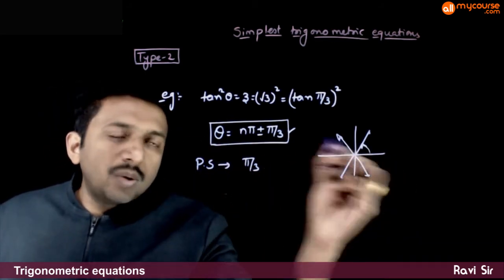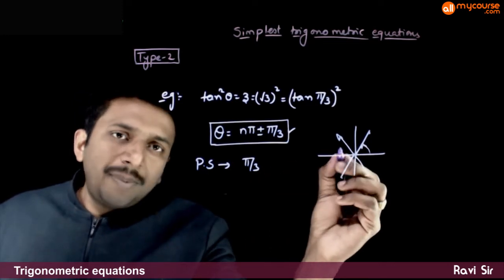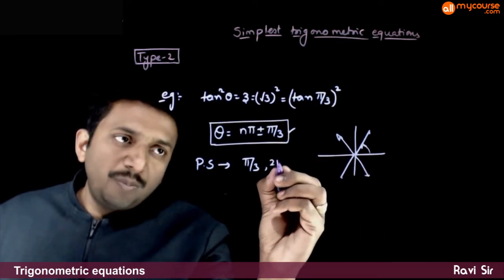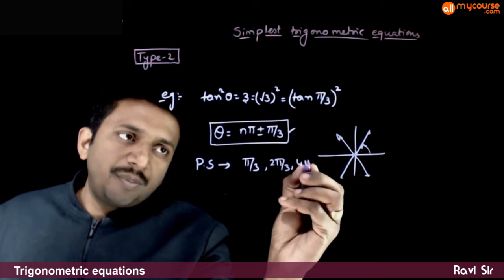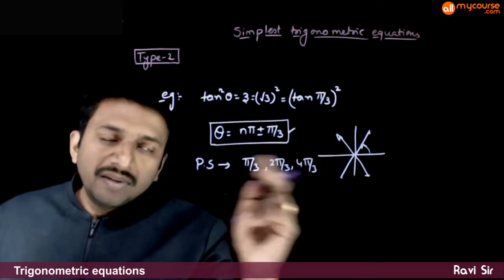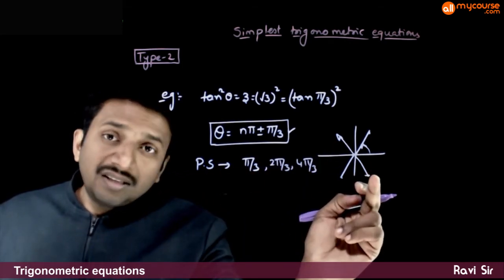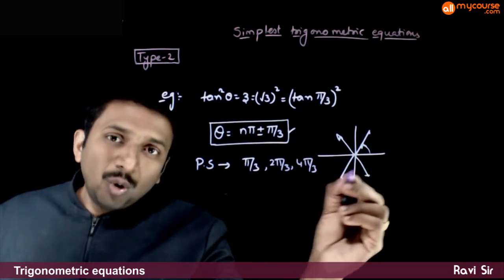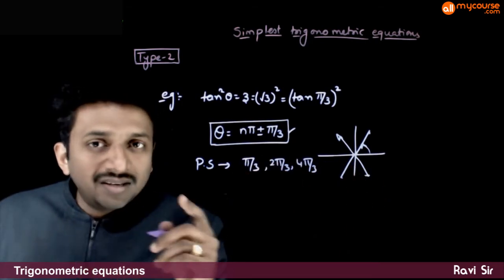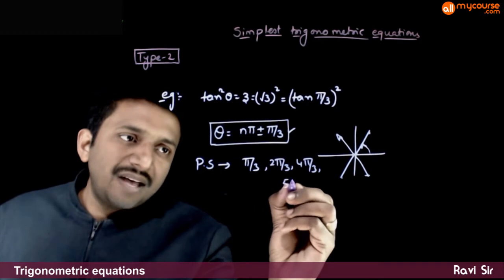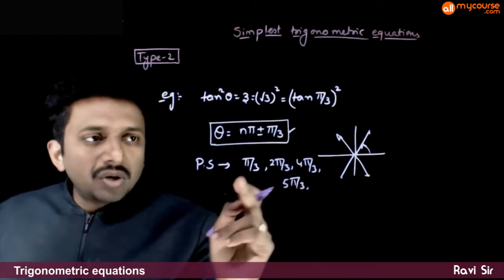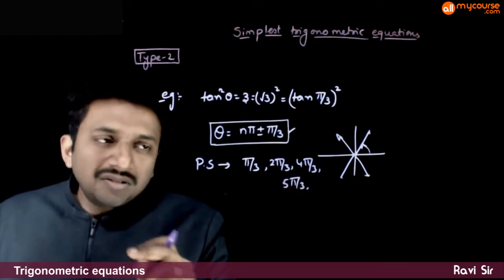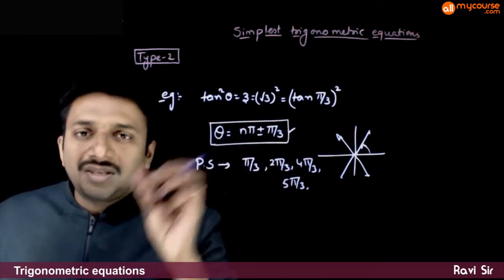So pi by 3 is one solution. Pi plus or minus pi by 3, that is 2 pi by 3 as well as 4 pi by 3, is the solution. And next you have the solution in the fourth quadrant, 2 pi minus pi by 3, that's 300 degrees, which is 5 pi by 3. So all these 4 are the principal solutions to this equation.